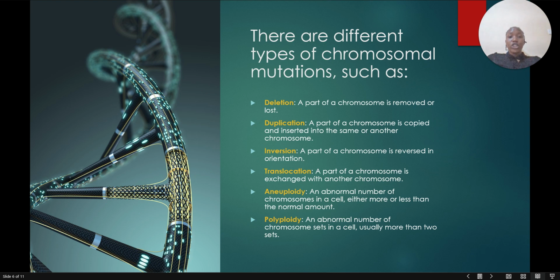And in translocation, a part of a chromosome is exchanged with another chromosome. In aneuploidy, there is an abnormal number of chromosomes in a cell, either more or less than the normal amount. And the last one is polyploidy, whereby there is an abnormal number of chromosome sets in a cell, usually more than 2 sets.